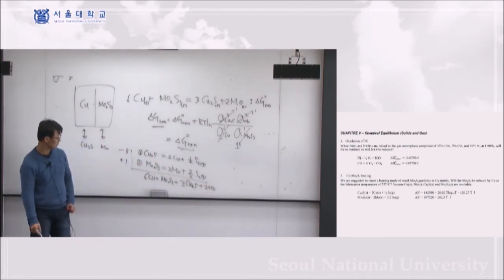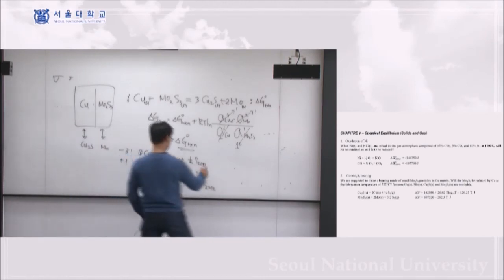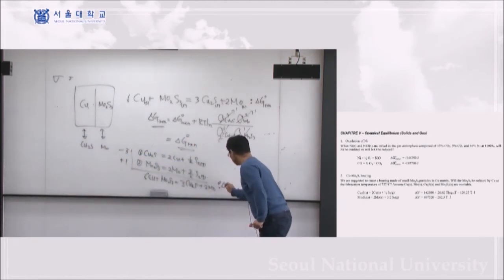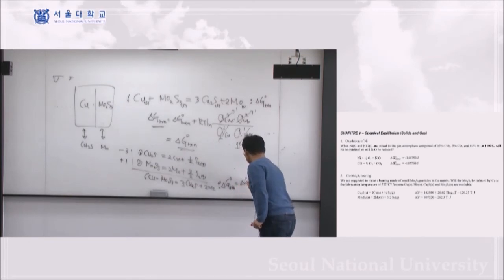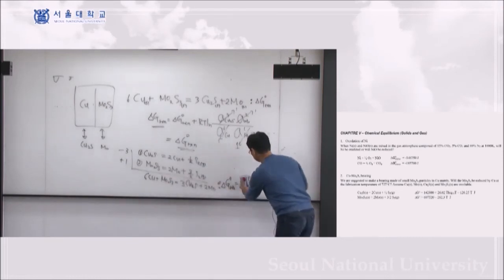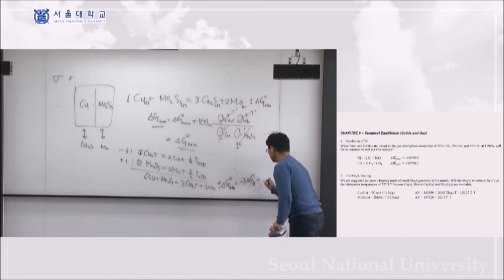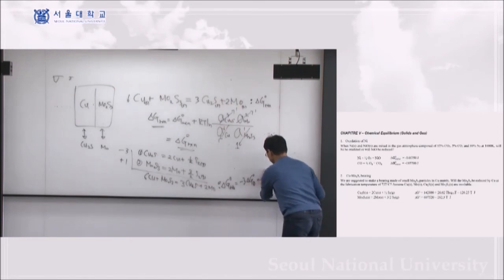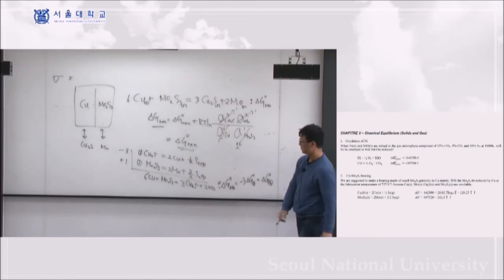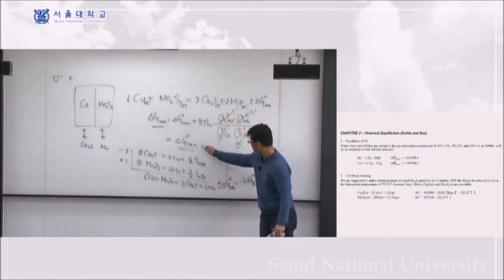If I know the delta G naught of this reaction, it is minus 3 times the delta G naught of 1, plus 1 times the other, okay, so you can get it.